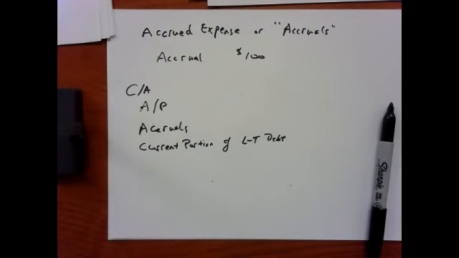Your car loan, let's say, is for 5 years. That makes it a long-term liability because it's more than 1 year. However, you are making payments in the current year, right? So let's say your car payment is $100 a month.